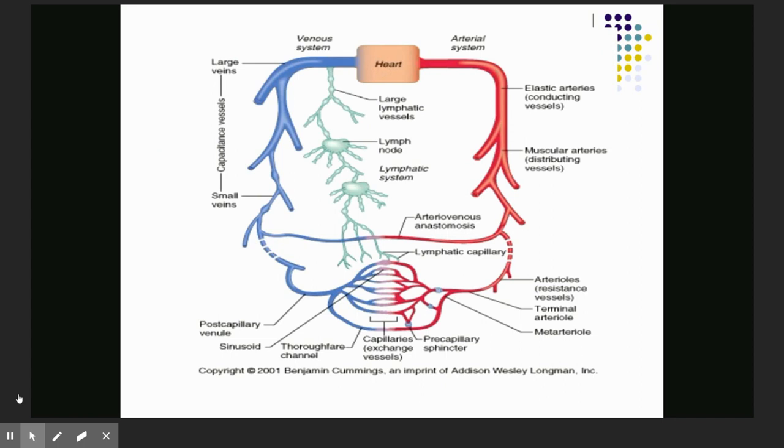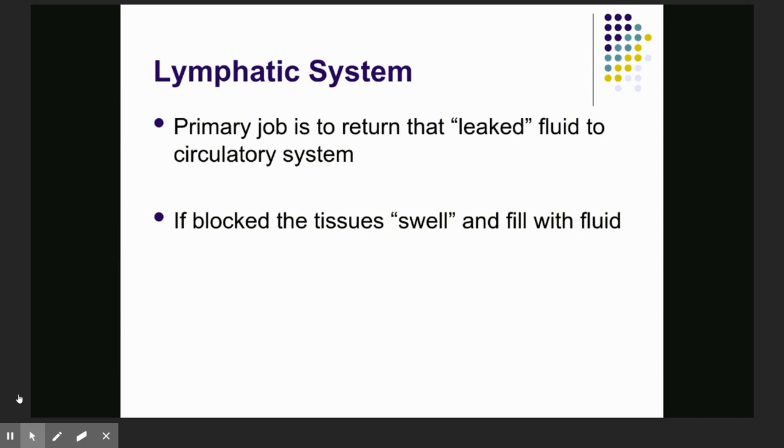So to prevent that from happening, there's another whole circulatory system whose job it is to pick up this fluid and return it to the circulatory system. And that job, that circulatory system, is the lymphatic system.